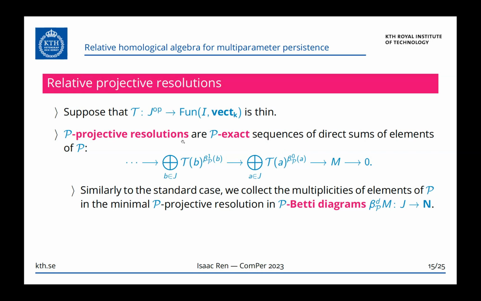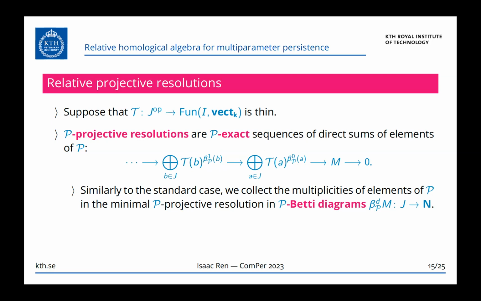Here it is P because they're relative to P, the collection of elements that are in here. So we have direct sum T of A with some multiplicity, and then direct sum T of B with some multiplicities. And again, I've used some more complicated notation for these multiplicities because these are the relative Betti diagrams that we will be looking at.